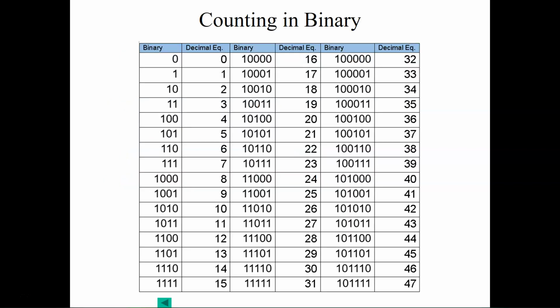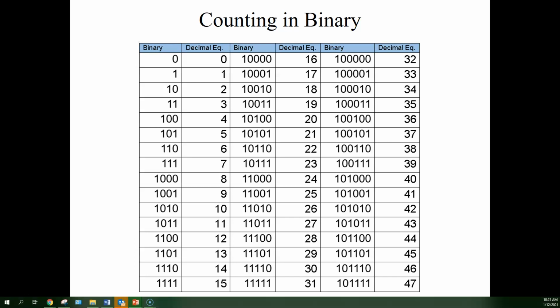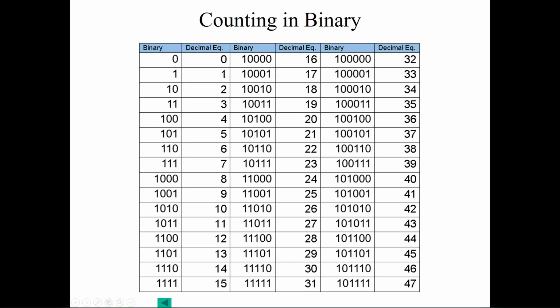So looking at something like this is counting in binary. For our decimal equivalents, again, we as human beings are the ones that put weight behind these numbers. We made them mean something, yeah? Looking at binary, 0 still means 0, 1 still means 1, but then we start going to 2.